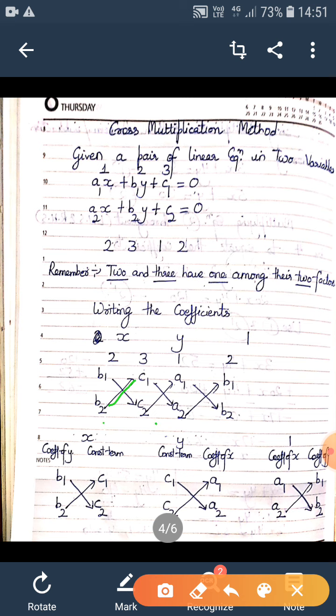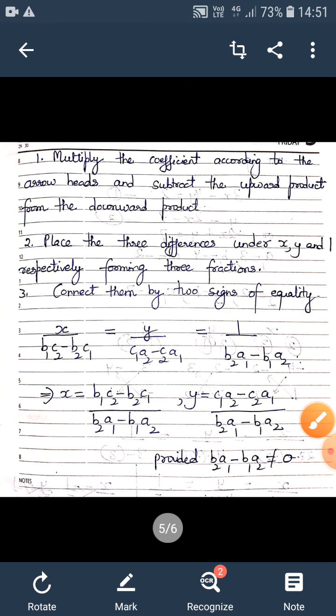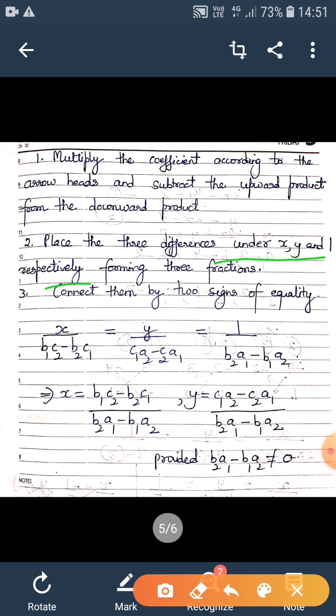So b1 c2 minus b2 c1, c1 a2 minus c2 a1, a1 b2 minus a2 b1. Then you place the three differences under x, y and 1 respectively, forming three fractions, and connect them by two signs of equality. So x upon b1 c2 minus b2 c1 is equal to y upon c1 a2 minus c2 a1, which is equal to 1 upon b2 a1 minus b1 a2.